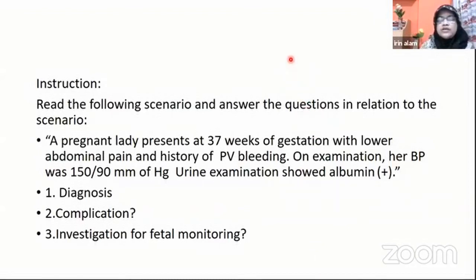You can say that there may be cerebral complication, there may be stroke, there may be eye complication, blurring of vision, there may be also visual loss, there may be ARDS in lungs, in liver there may be HELLP syndrome, there may be renal dysfunction, there may be DIC, and these are the complications which can occur in preeclampsia. And what are the investigations for fetal monitoring?